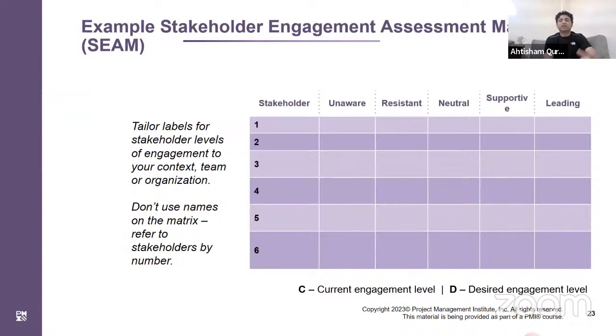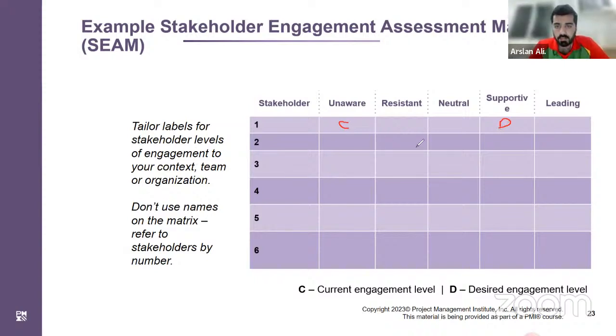The stakeholder engagement assessment matrix, the SEAM, is an excellent way to plot the people. We don't need the names. We just need to see where the people are as of now. What is their current engagement level? Say stakeholder one is currently unaware, and the desired level is supportive. D is for desired and C for current.